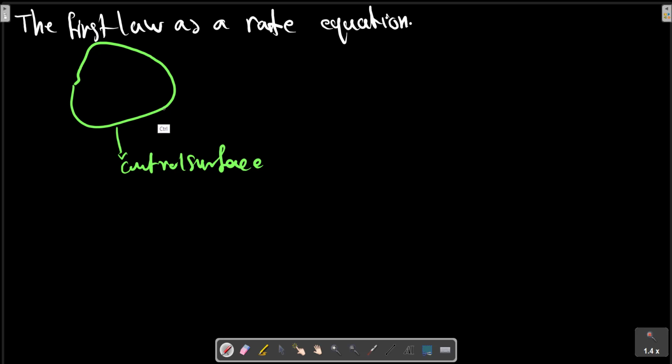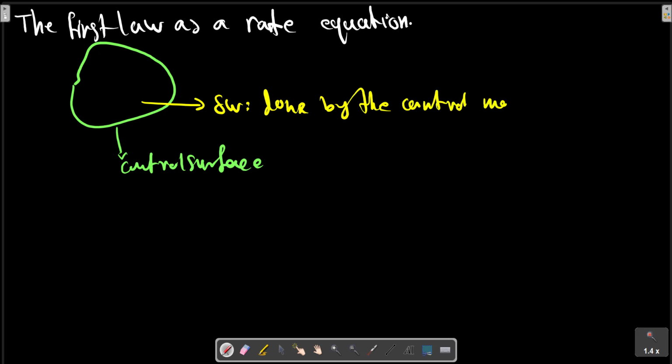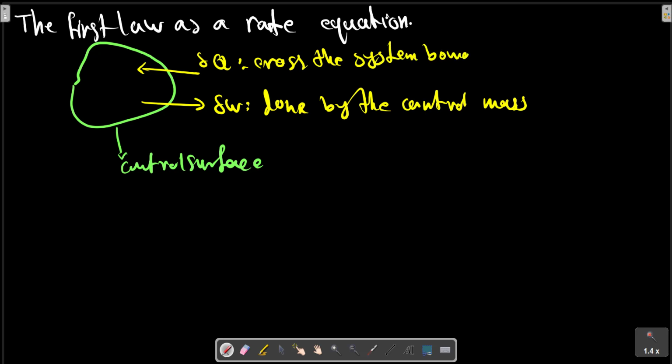Let me write. Heat delta Q enters the system, crosses the boundary, and the time interval is delta t.